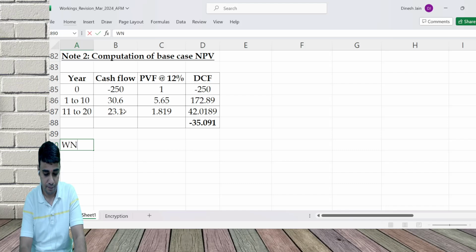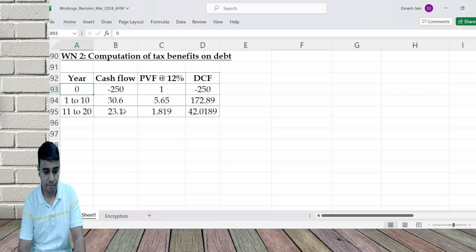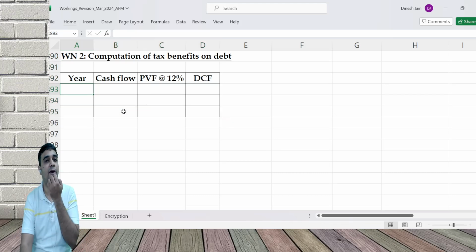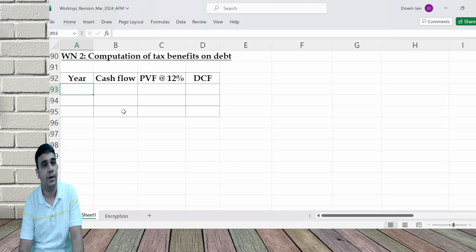Then computation of tax benefits on debt. Year, cash flow, PVF, DCF. My printed solution has a different way of calculating. I'm going to now do a different way of calculating. Net and answer will match.